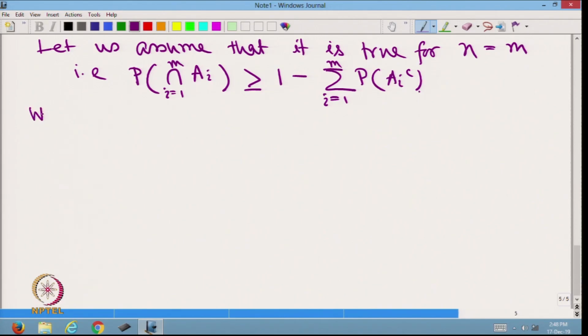We need to show it for n equal to m plus 1.